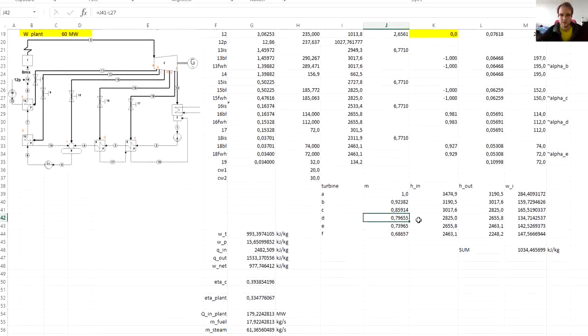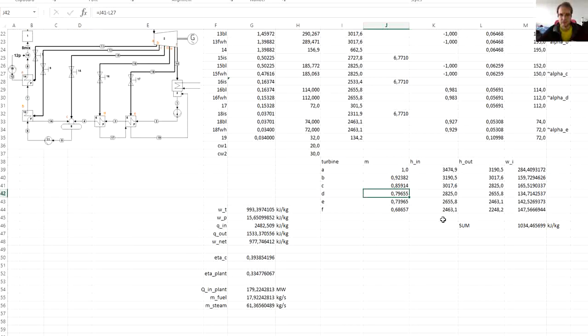And we can get to the results. So the sum of the work of the parts of the turbine, the function for that should remain the same. We get, this is thermodynamic work, we get actual work including for mechanical and electrical efficiencies.